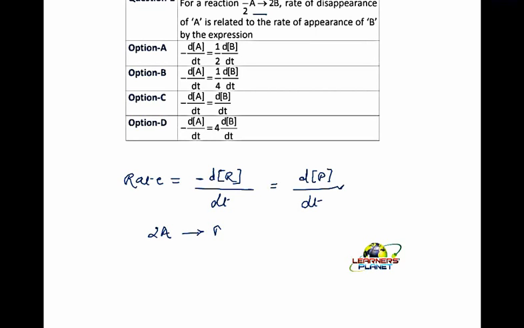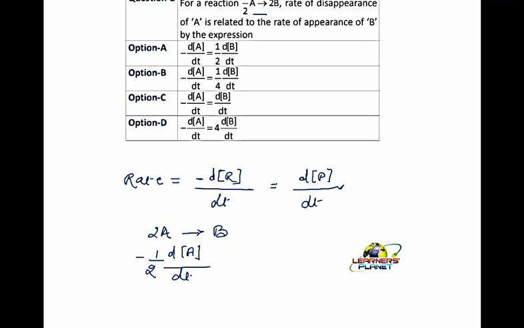So the rate of disappearance of A would be equal to minus 2 dA by dt, and that is equal to 1 by 2 the increase in concentration of B in a small unit time, that is dB by dt.